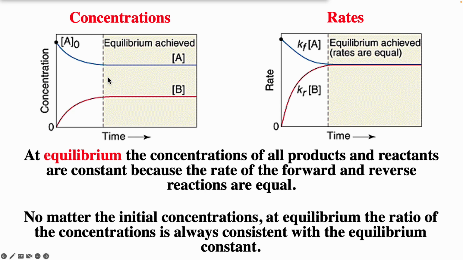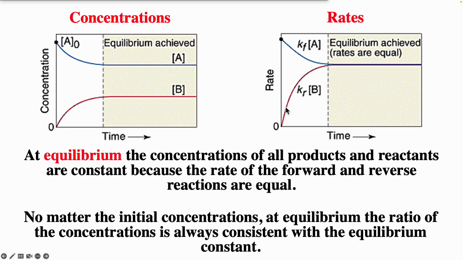And so for a simple reaction of A going to B, say we start with just A. As the reaction proceeds, the concentration of A goes down, the concentration of B goes up, and eventually we reach equilibrium, and so the concentrations no longer change. Now, if we look at the rates of the forward and reverse reactions, the rate of the forward reaction goes down because the concentration of the reactant goes down.